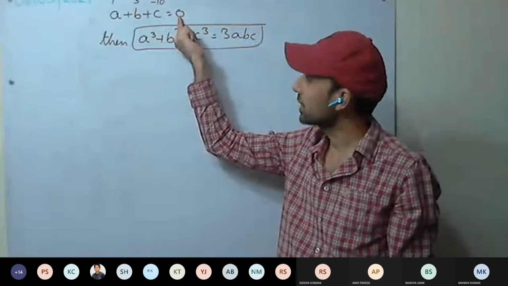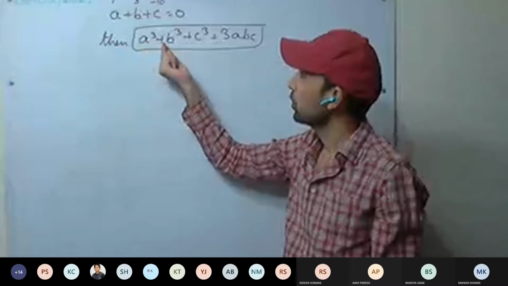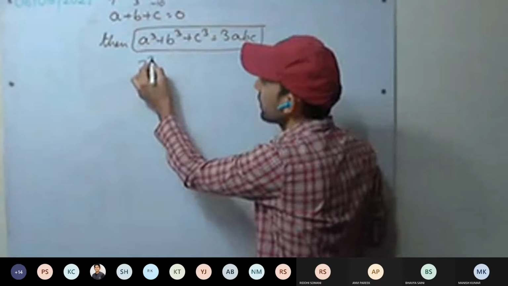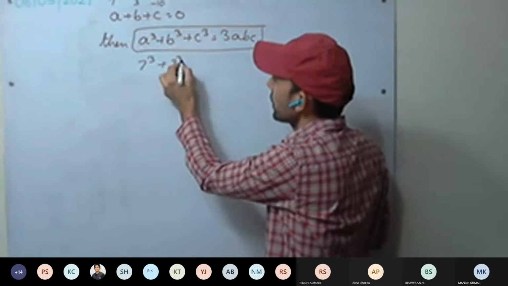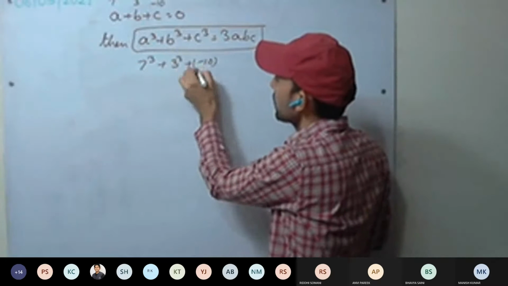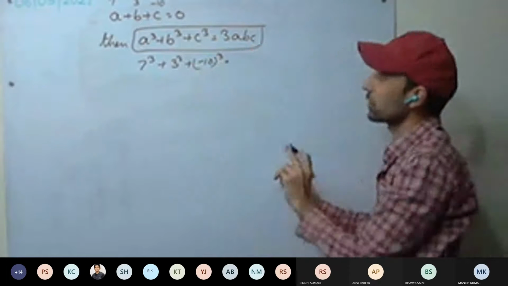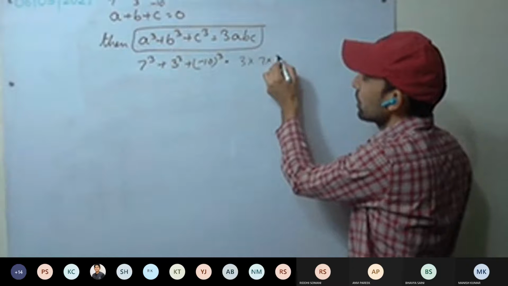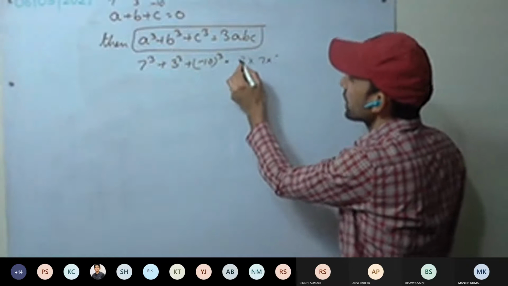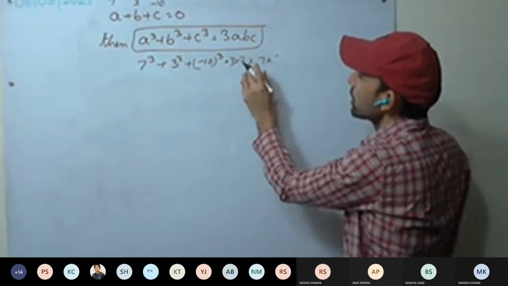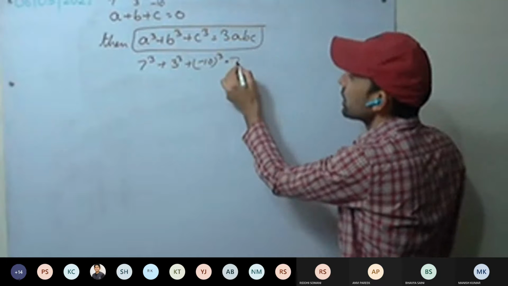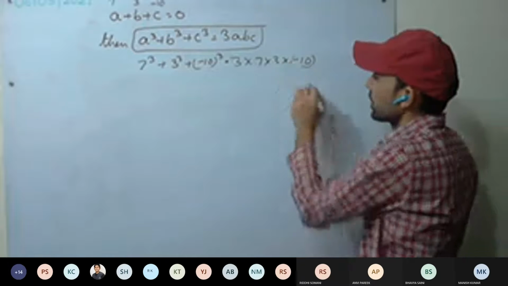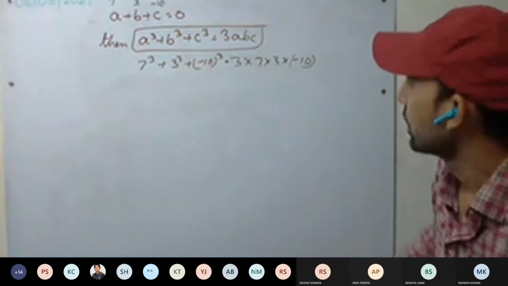It means 7 cube plus 3 cube plus minus 10 cube, its value will be how much? We can simply write 3 into 7 into 3 into -10. This we can write.